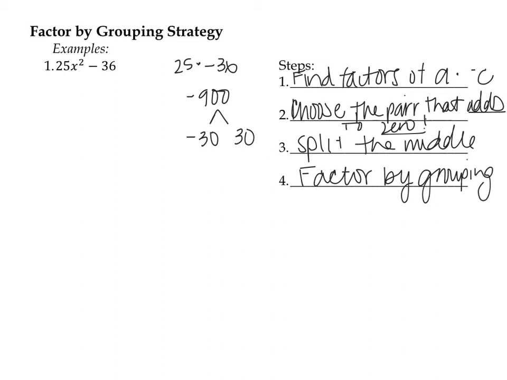Okay, so splitting the middle, that gives me my 25x squared minus 30x plus 30x minus 36.